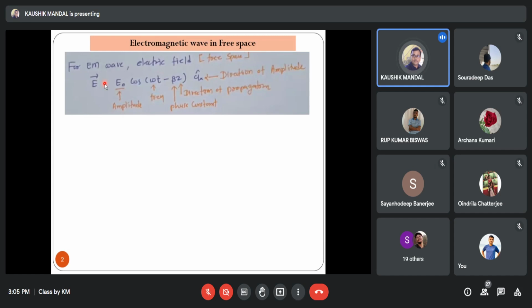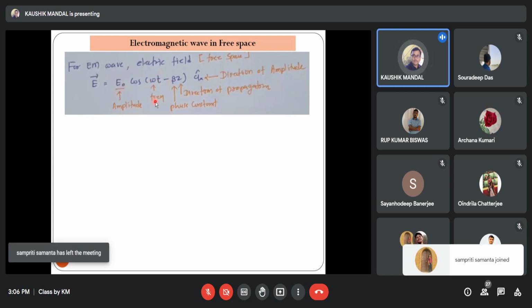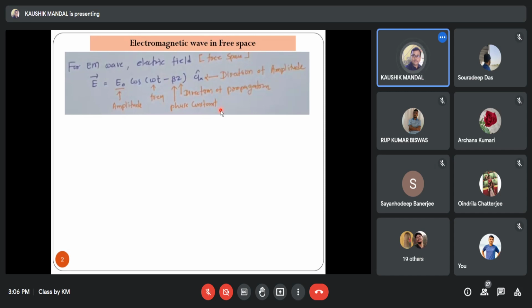But at the start, we are considering the equation of the electric field in free space, that is E equal to E0 cos of omega t minus beta z, where E0 is the amplitude of the electric field, omega is the angular frequency, beta is the phase constant, and z is the direction of propagation of the electric field.